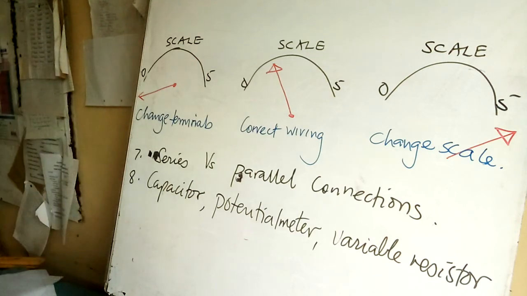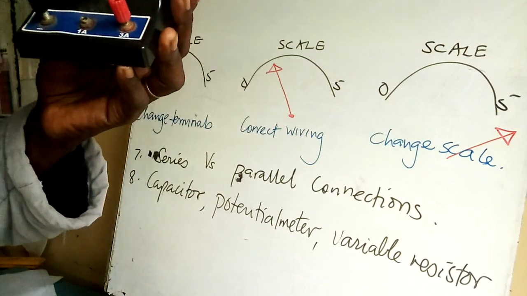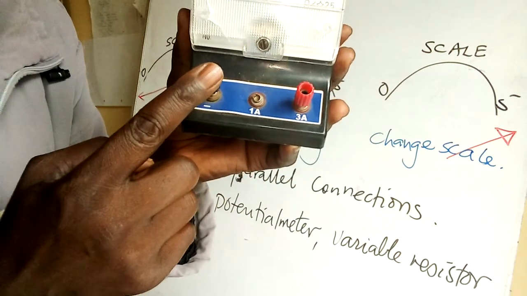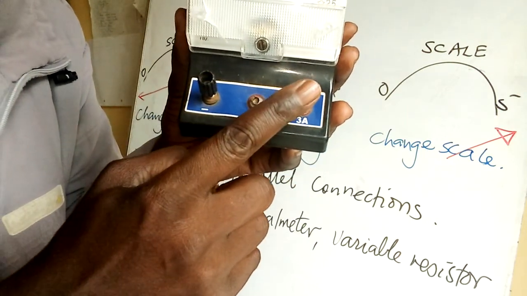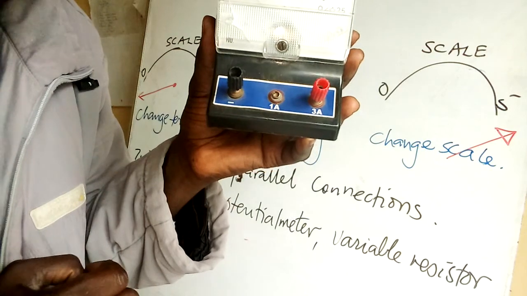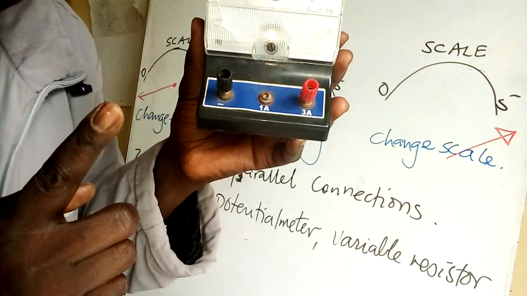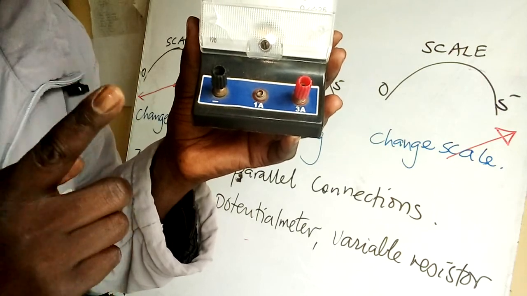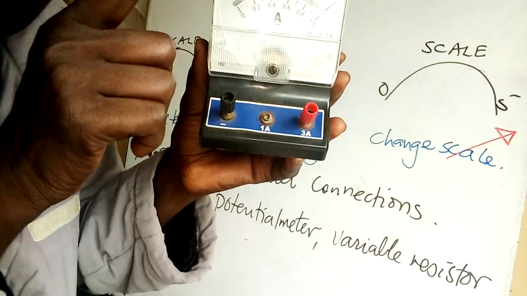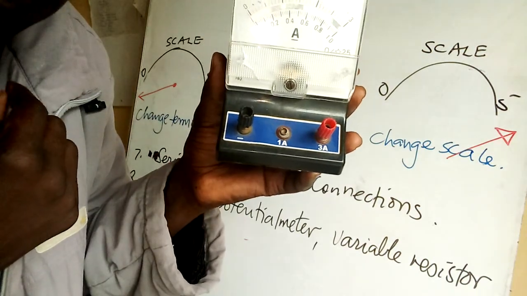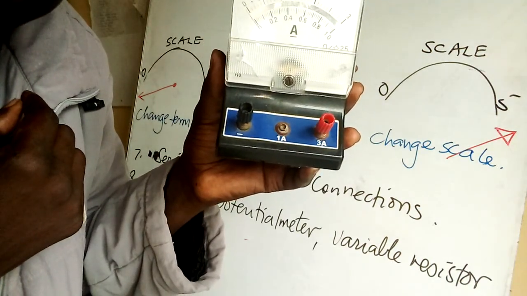Even the ammeter and the voltmeter itself. If it is an ammeter, whatever was connected here can go here, and from here can come here. You do it once at a given device with polarity. I can do it at the source, because the source also has polarity, positive and negative.